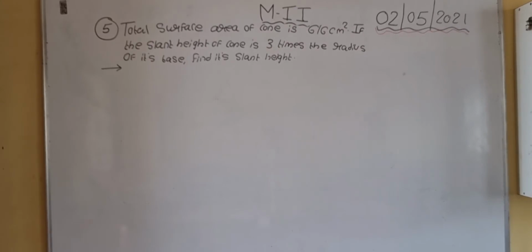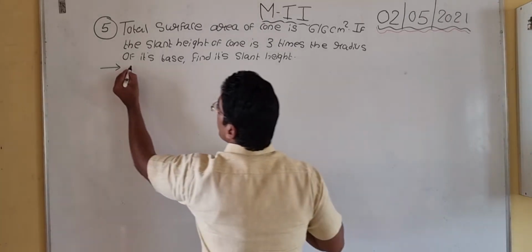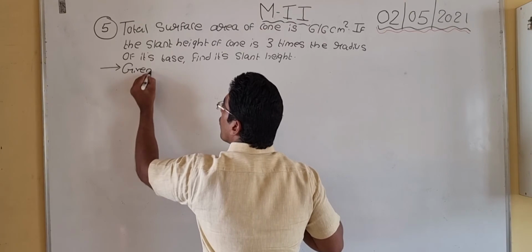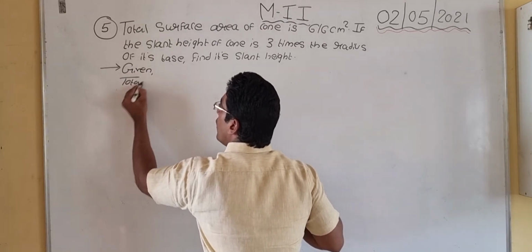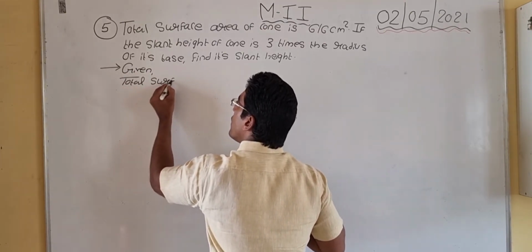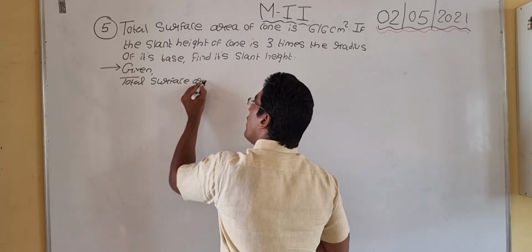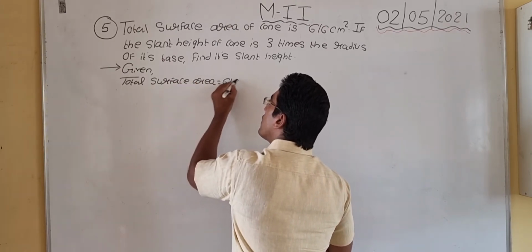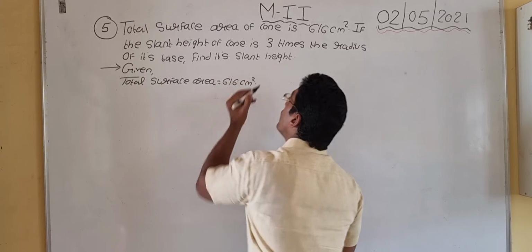Let's see the last sum of the chapter. Now, what is given to us? Total surface area of cone is 616 centimeter square. Given, total surface area is equal to 616 centimeter square.